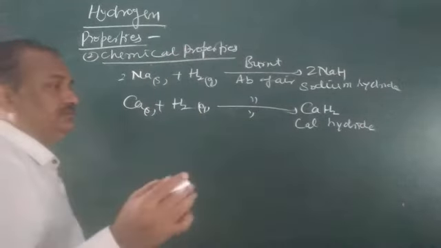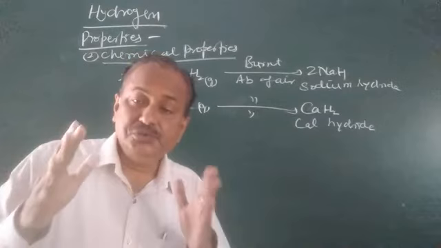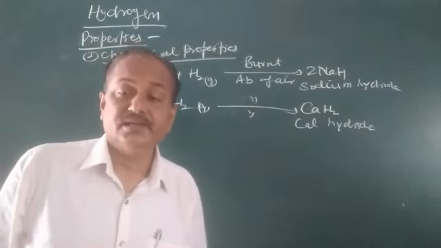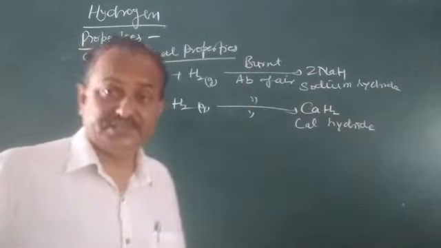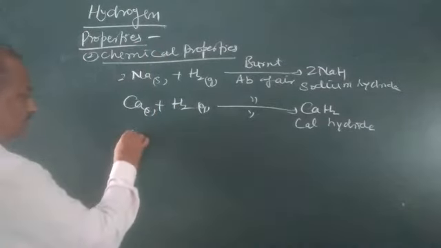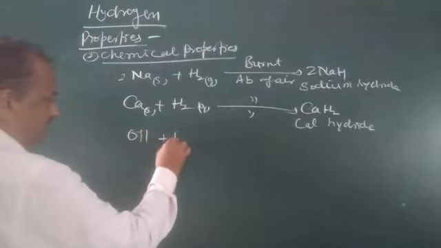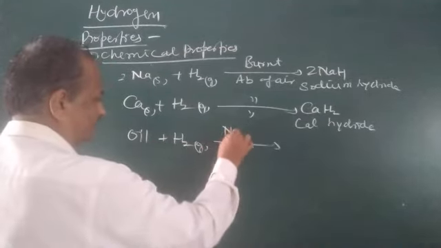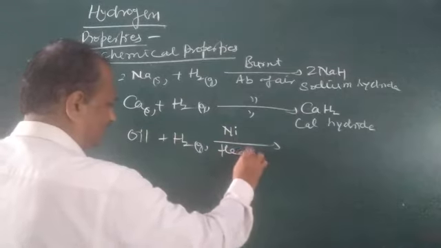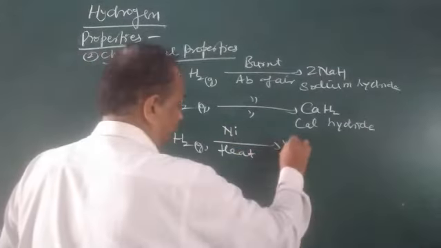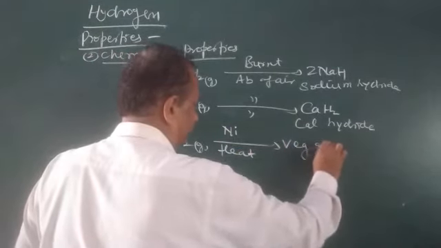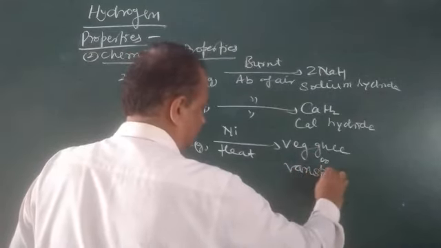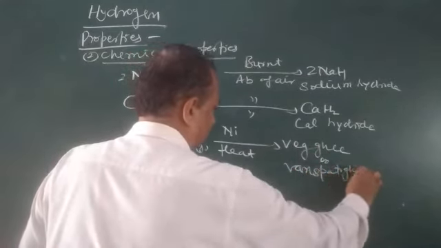It can be used as a very important substance to prepare vegetable ghee or vanaspati ghee, by passing hydrogen gas through any oil with nickel as catalyst and heat. There is formation of vegetable ghee or vanaspati ghee. You all know this.